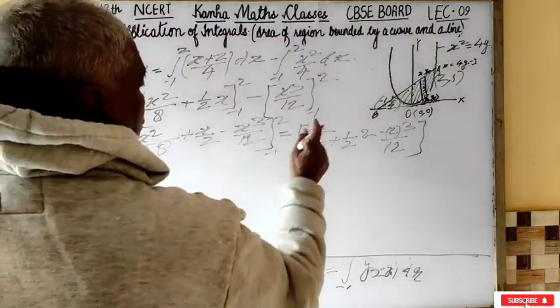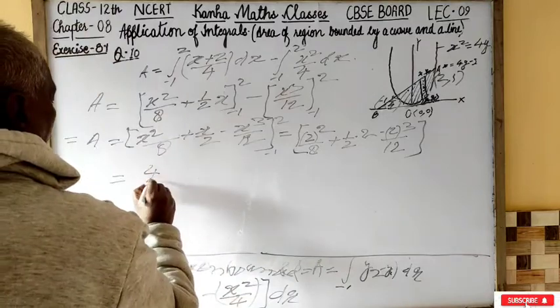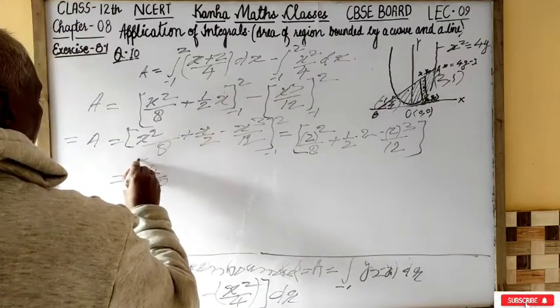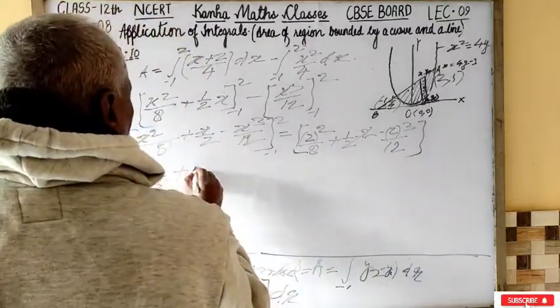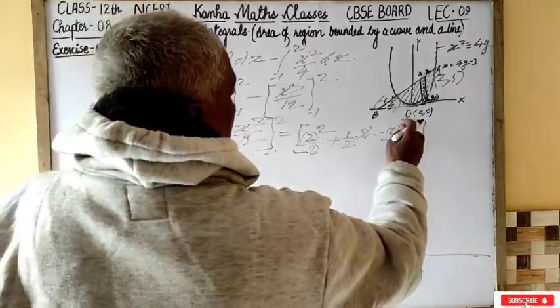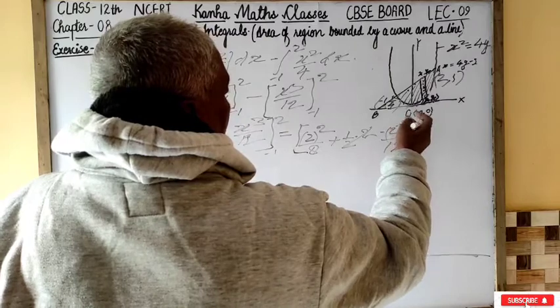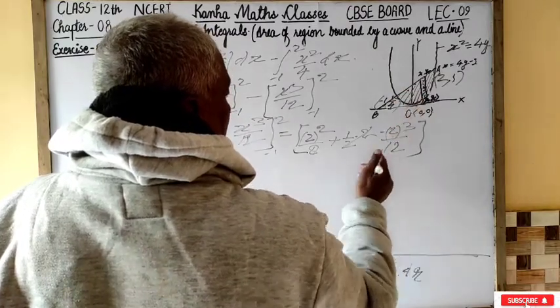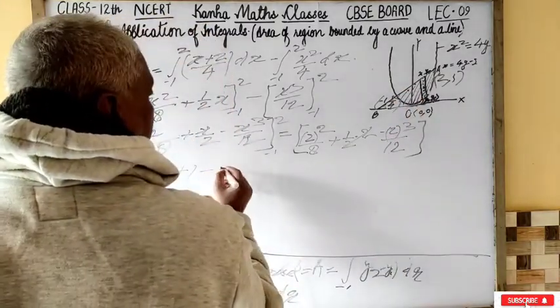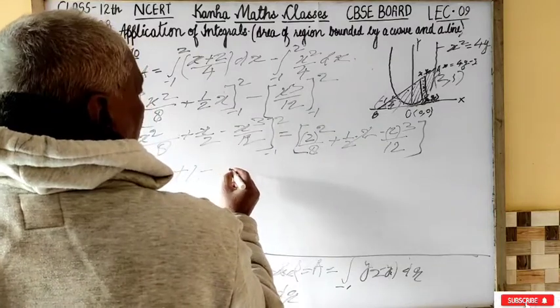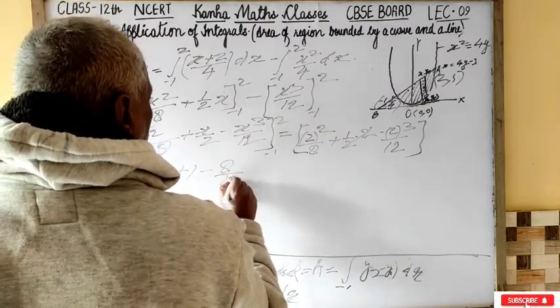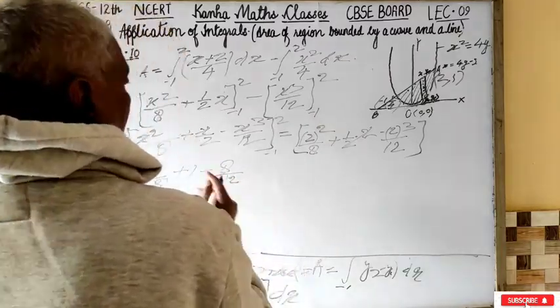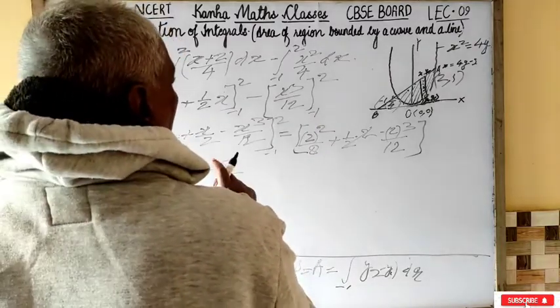This will be 4 by 8 plus 1 minus 8 by 12.